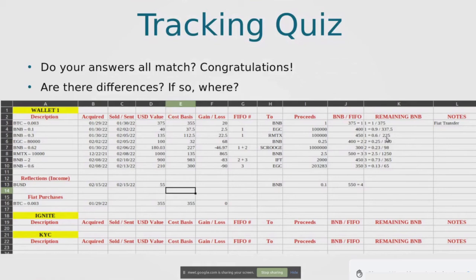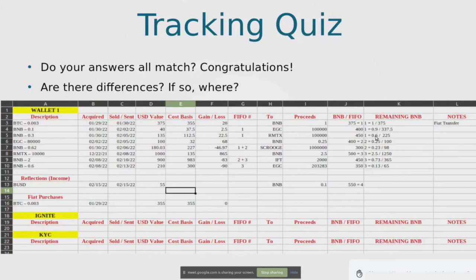The reason that you want to track both how much BNB is remaining and the dollar value is when you get to one of these trickier ones. Let's look at this BNB 0.62. I have 0.6 BNB left, and I've made a previous transaction, which let's call BNB2, where I received 0.25 BNB.